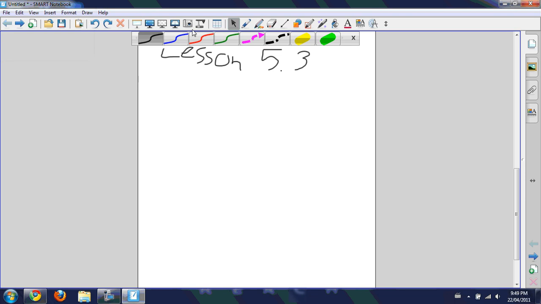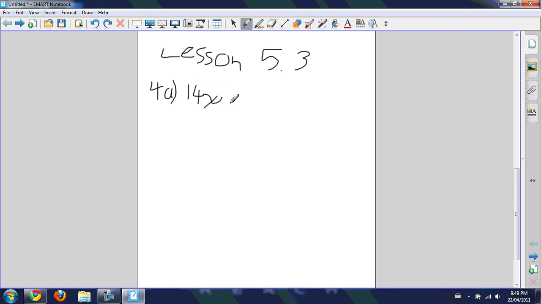Okay, so I'm going to be doing question 4A, and the question is 14x squared y, sorry about that, plus 16xy cubed.